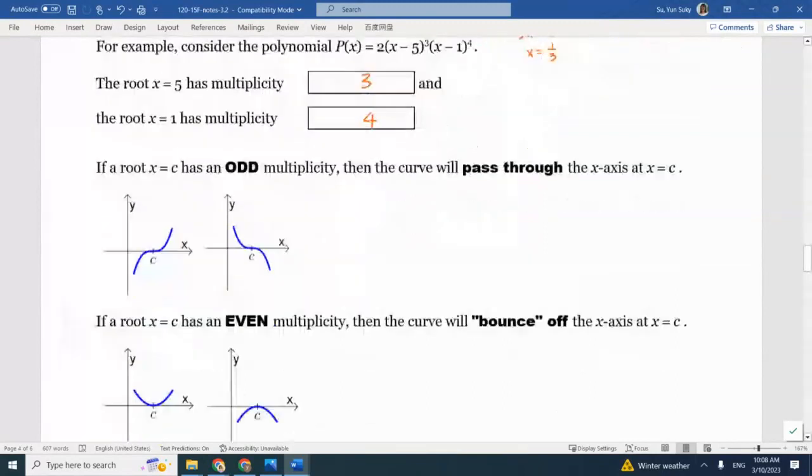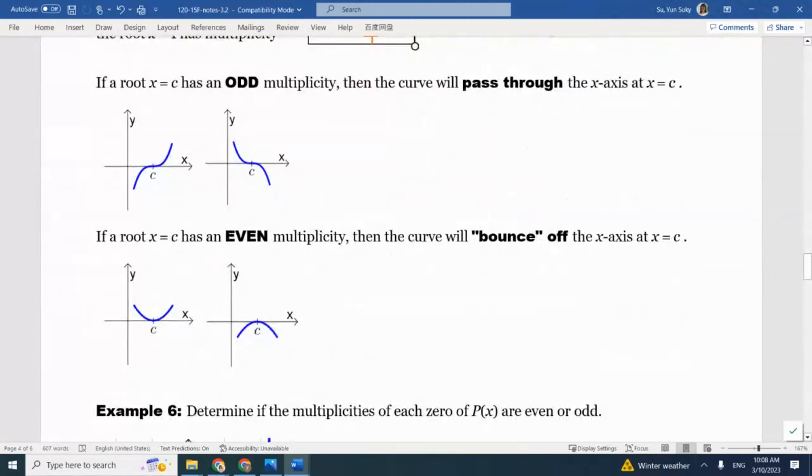And if a root has an even multiplicity, then the curve will bounce up, which means go to the same side. So you go here, bounce up. Go here, bounce up. You don't cross the x-axis. Is that okay, everybody?